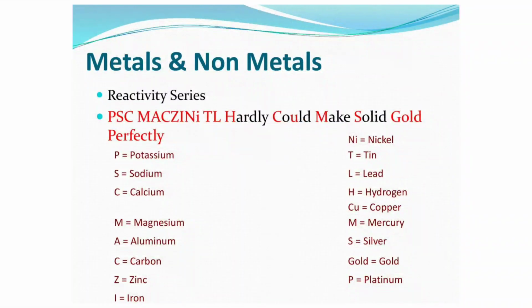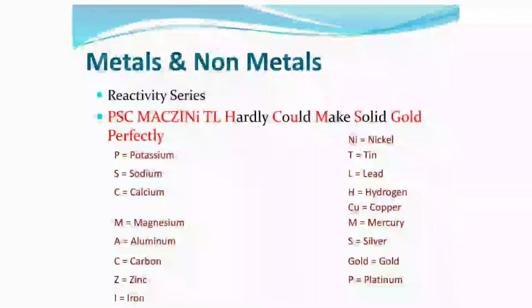P for potassium, S for sodium, C for calcium, M for magnesium, A for aluminium, C for carbon. Carbon is not there in your textbook, but it comes in this order. Z for zinc, I for iron, Ni for nickel, T for tin, L for lead, H for hydrogen, Cu for copper, M for mercury, S for silver, G for gold, P for platinum.